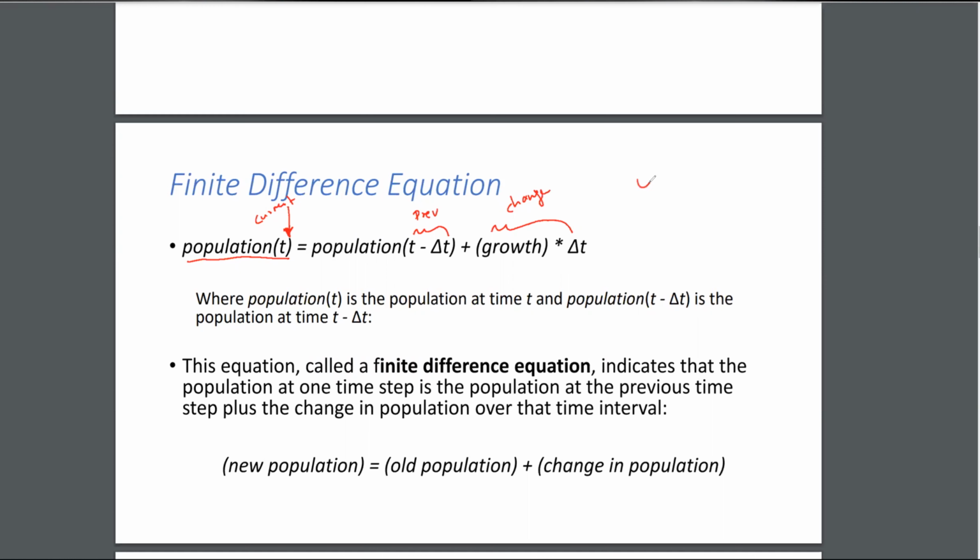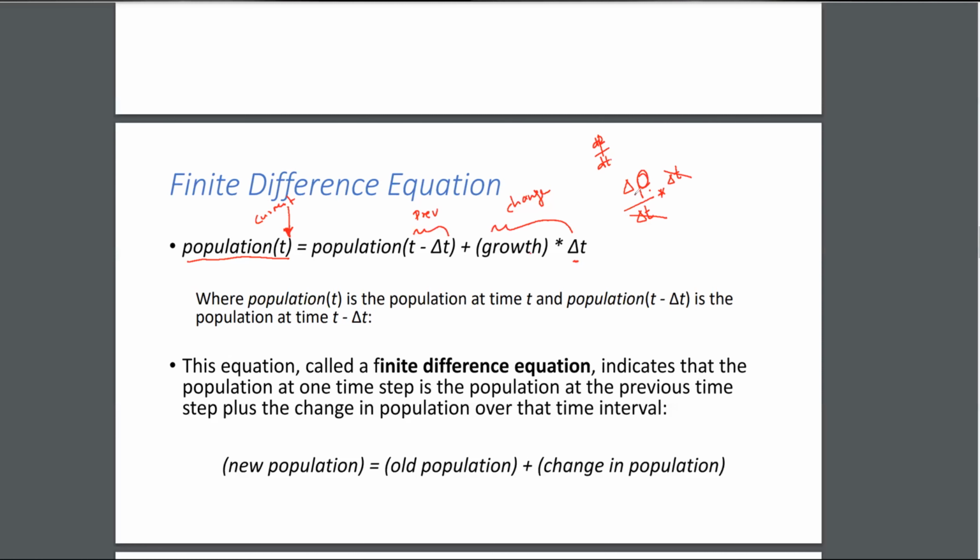Remember that I was talking about delta P being the change over delta t being the time, which is basically dP by dt. I need only the change here, which is the change of population. I'm not considering this part. So how do I convert this to a change in population? You simply multiply this part by delta t. Why? The delta t and delta t cancel out, so this is what remains.